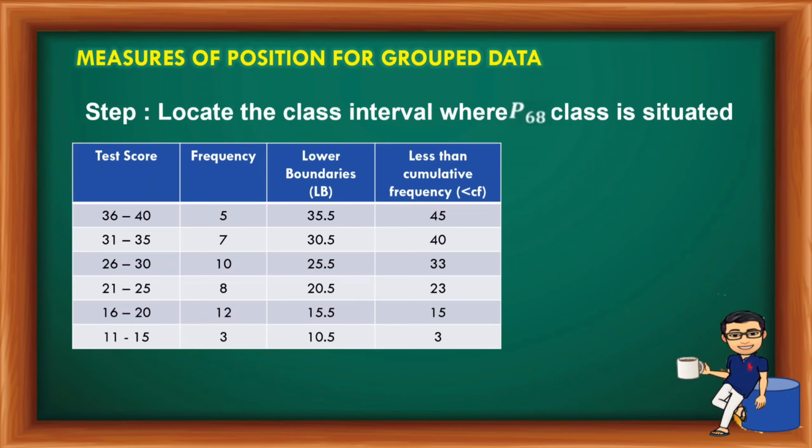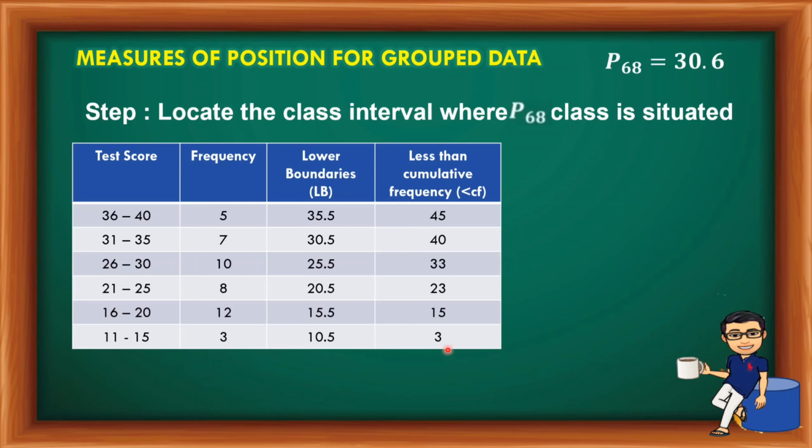So let us continue. Okay, so this time we need to locate the class interval where percentile 68 class is situated. So remember that the percentile 68 class is 30 and 6 tenths. With that, we can now work with our cumulative frequency. Dito tayo magsimula.